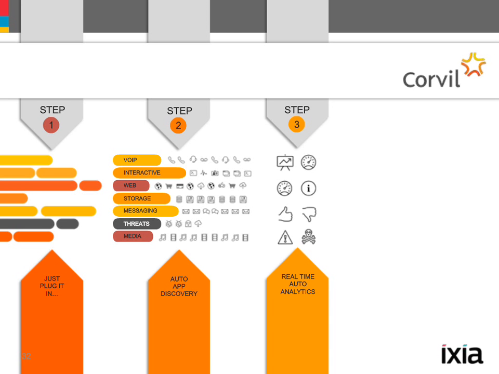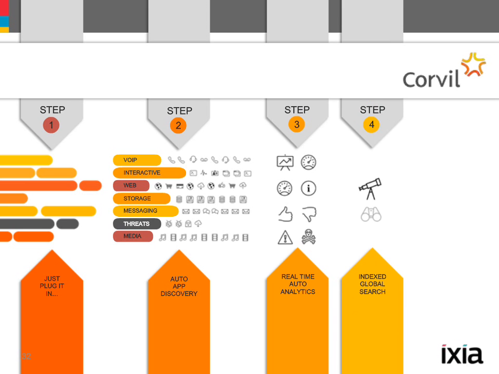From that reporting, which can be done in real time and published to dashboards, the other really powerful information that you can get out of it is indexed global searchable data. We have customers with thousands of servers and hundreds of sites, and you choose to instrument all these points to be able to go to one point and search for maybe a VoIP extension, or a URL that may be accessed from multiple points, or a file that's being used from an NFS server.